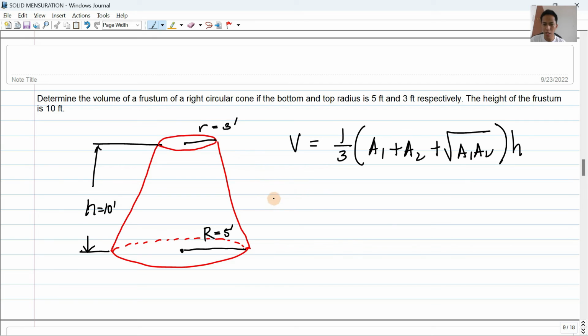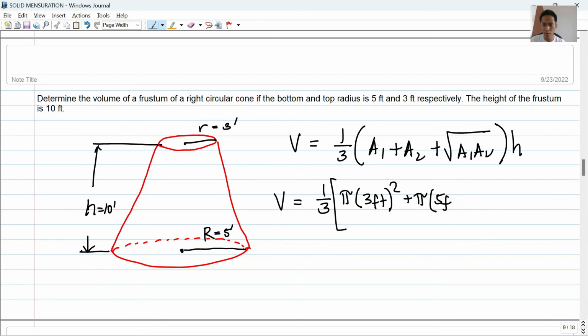So, here, substitute lang natin yung mga values. So, that is 1/3. Area 1 natin is, that is pi r squared, di ba? Pi r squared, so that is 3 feet, okay, 3 feet quantity squared. Okay? And then, we have here pi R squared ulit. So, R natin lower is actually equal to 5 feet.